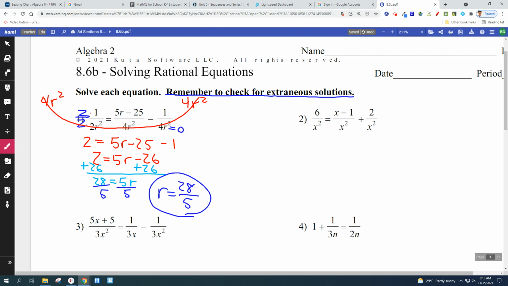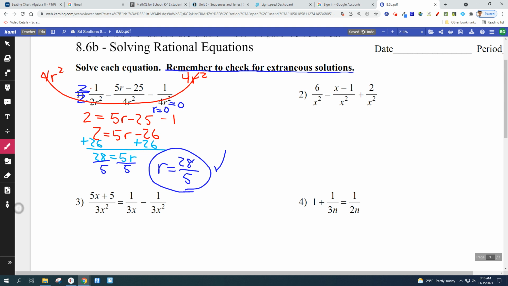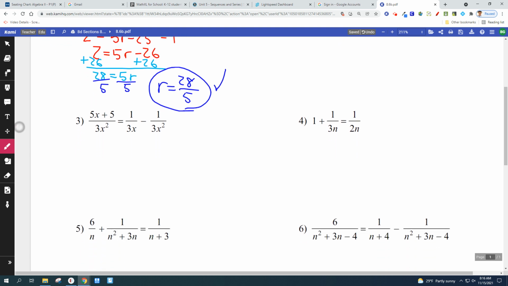You should be able to tell pretty quickly that r equals 0 would be bad news. So before we start, we would know that our answer can't be 0 because that's going to make 0 on the bottom of a fraction. Since this doesn't apply, I could say that answer is probably right. So checking for extraneous solutions means checking to make sure your number is not going to make 0 on the bottom of a fraction.